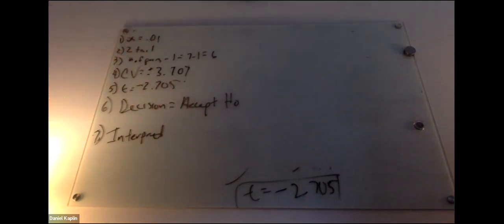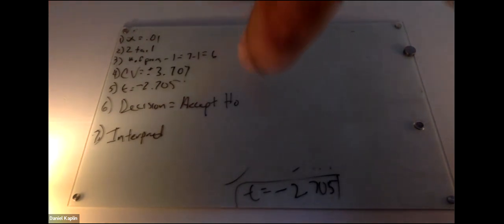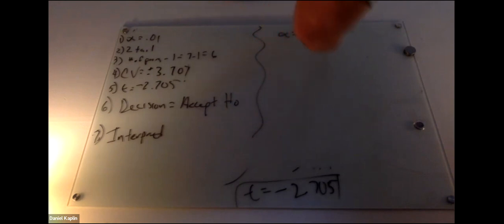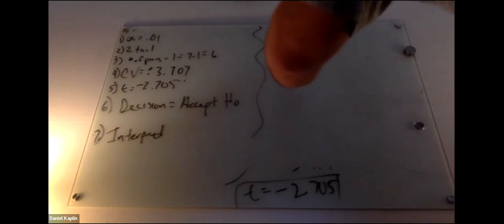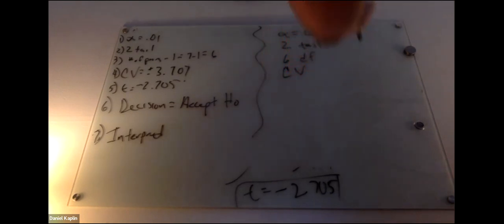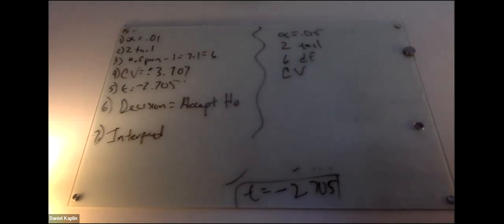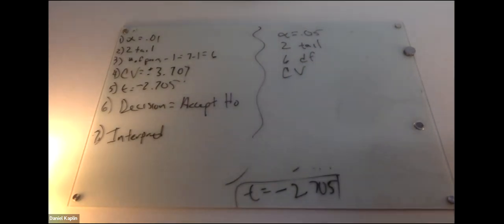Now let me show you something cool. What if we did the same thing and I kept my original 0.05 alpha, 2 tail, 6 df, right? Well, the critical value, because I'm allowing more error, would be quite different.